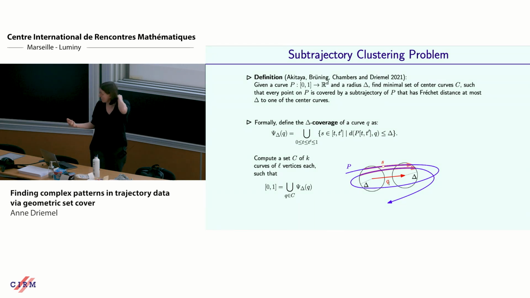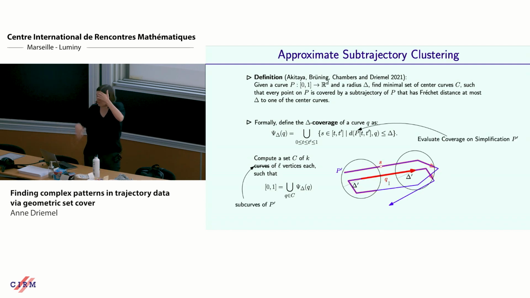Again, we use approximation to make the problem easier to handle, because you cannot optimize over this infinite set. We compute a simplification of our input curve, and then we only consider subcurves on this simplification as centers. We also evaluate our set cover just on this simplification.